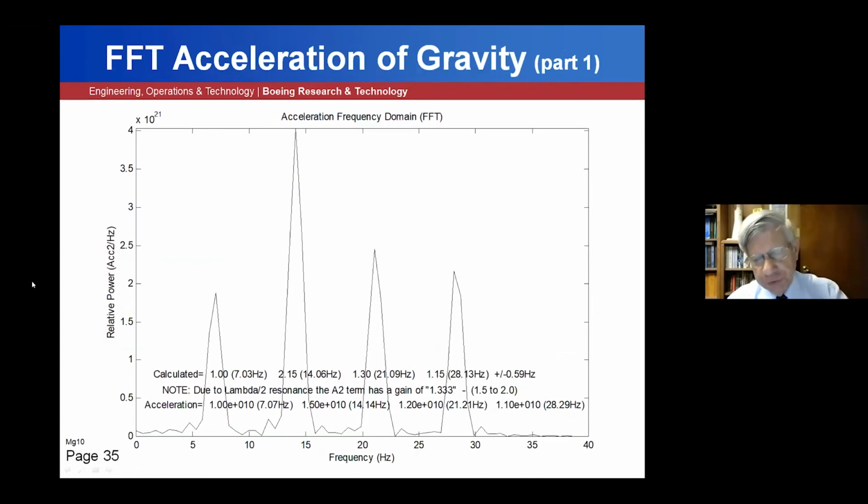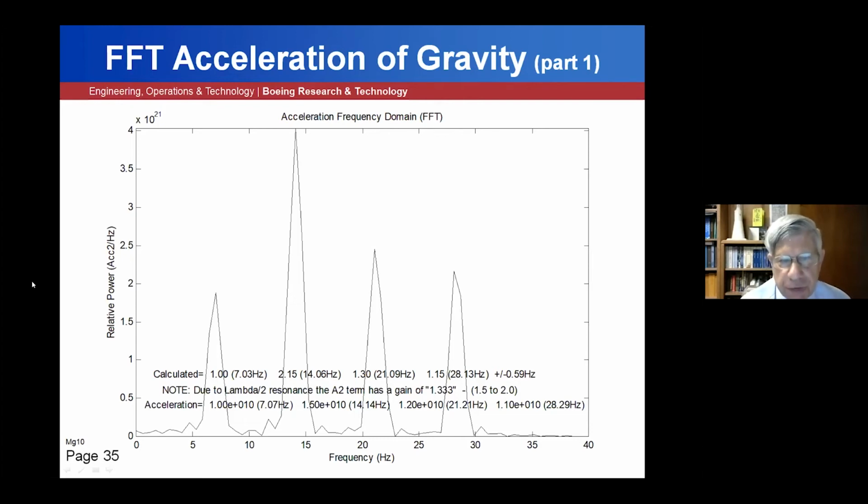Now I switch over and I do an FFT on the frequency from the gravity picture of part 1: 703 hertz, 1406, 2109, and 2813.